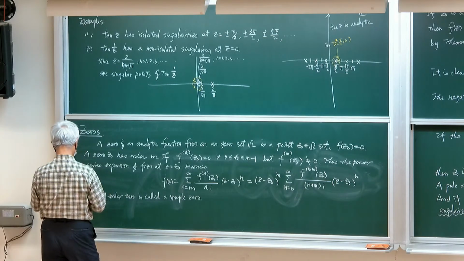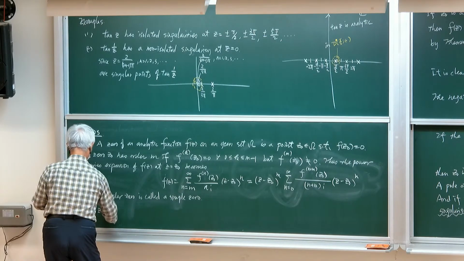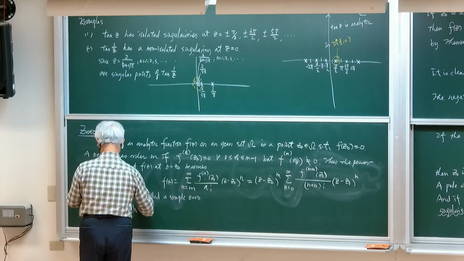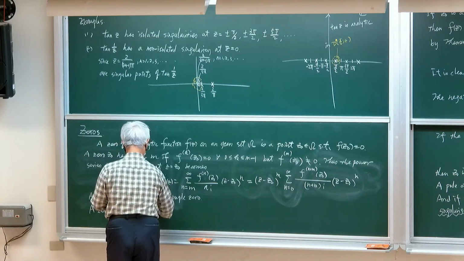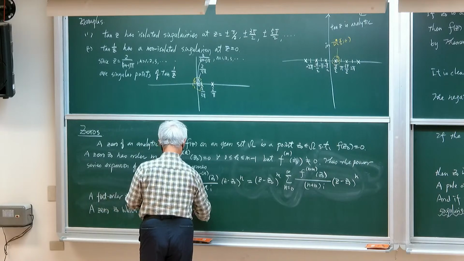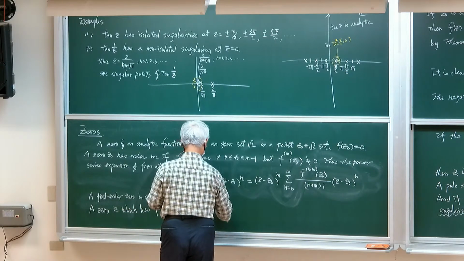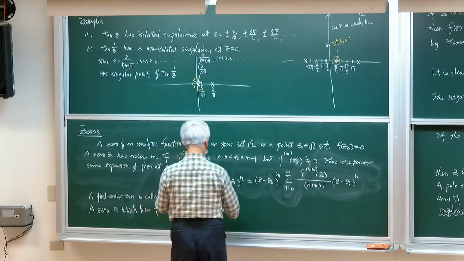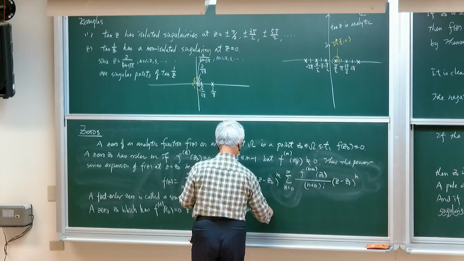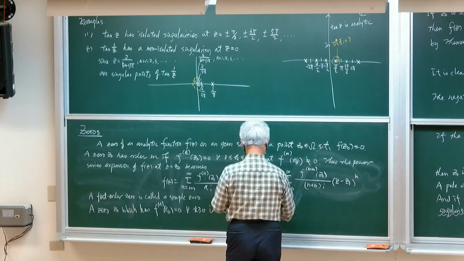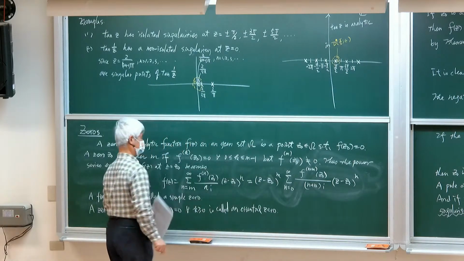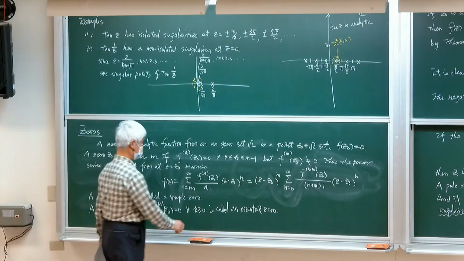And a zero which has the k-th derivative of f at z0 equal to 0 for all k greater than or equal to 0 is called an essential zero.